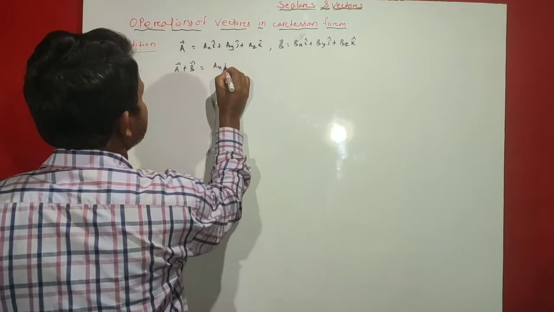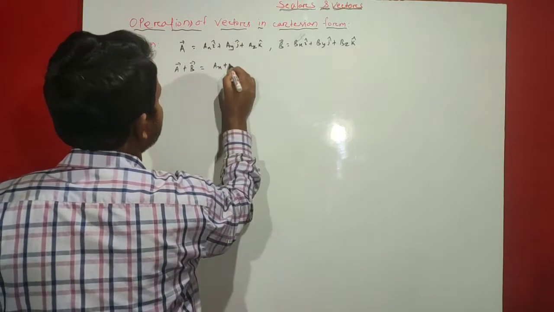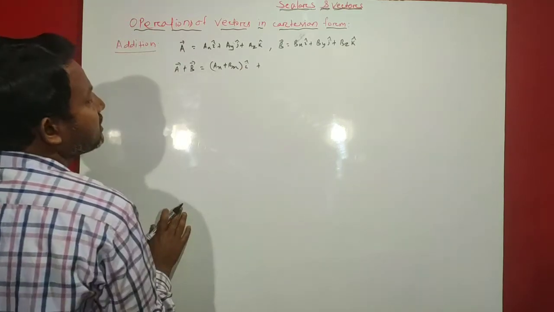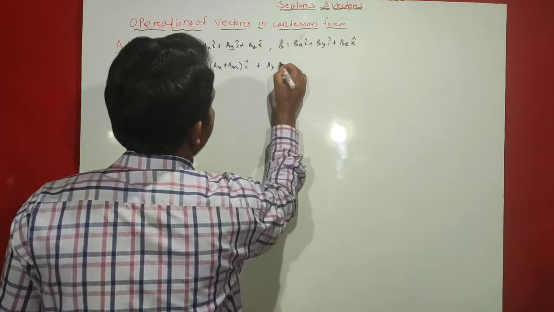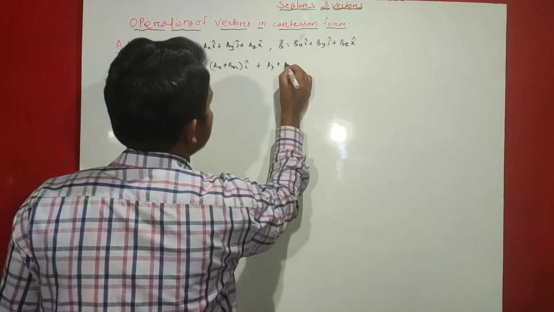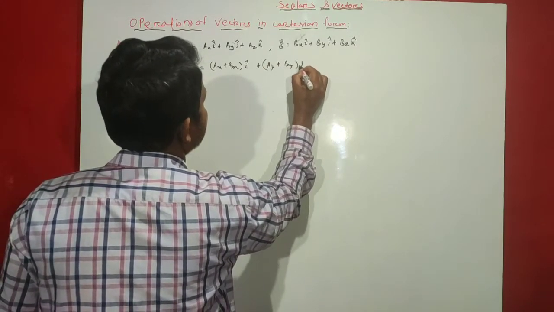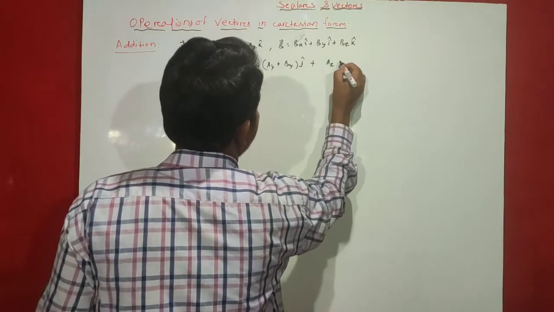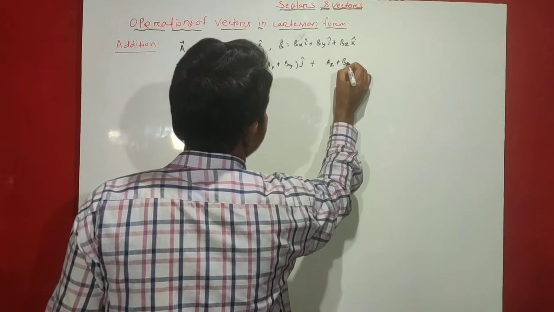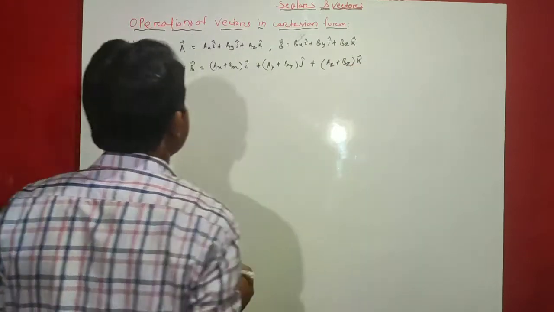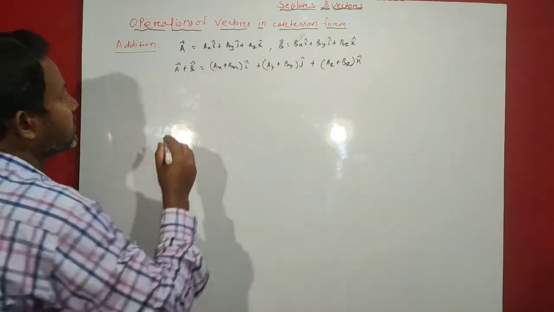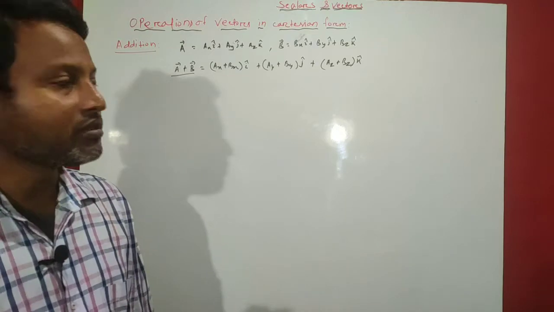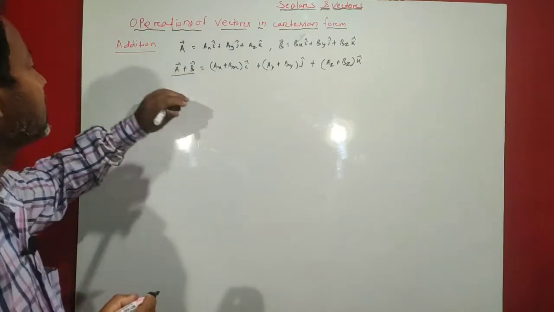Look, ax plus bx i cap plus ay plus by j cap plus az and bz k cap. Guys, look, this is our resultant vector. That means we find the addition of a plus b.